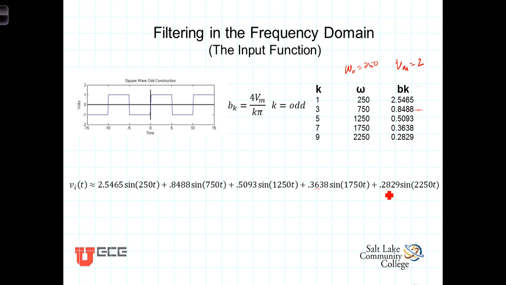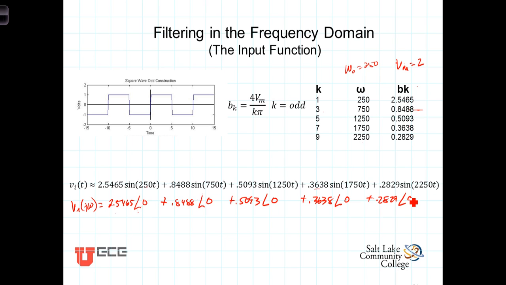To think of this in the frequency domain, its frequency spectrum V in of j omega is simply equal to each of these in their phasor or frequency representation. This would be 2.5465 angle 0, that's the frequency representation of the term at 250 radians per second, plus 0.8488 angle 0, plus 0.5093 angle 0, plus 0.3638 angle 0, plus 0.2829 angle 0.